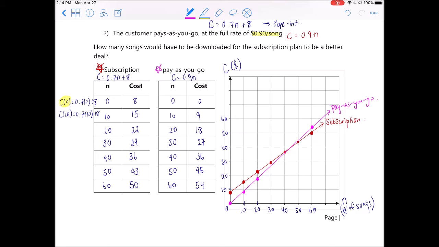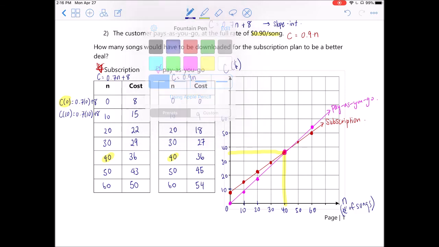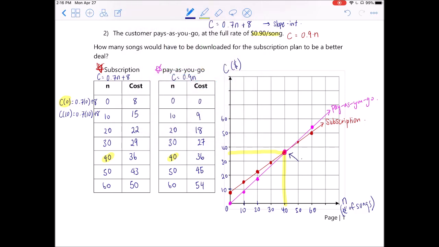Notice that we have an intersection. On my graph it looks like it's here, but it should be here. We could state that our intersection happens at 40 and 30-something. Let's take a look at our chart. It happens when n equals 36. So this coordinate, I'll use blue. The intersection is at (40, 36).